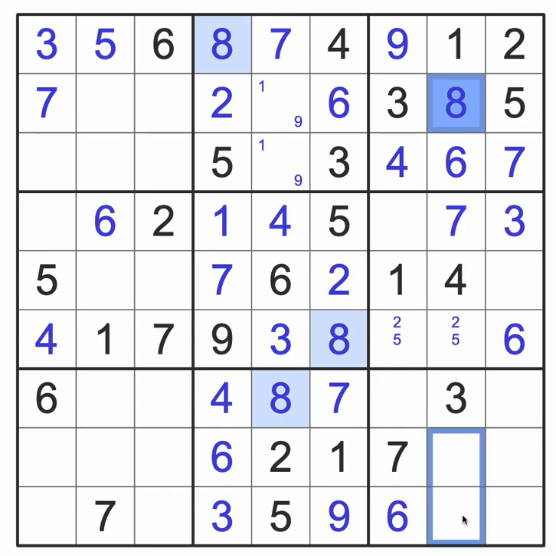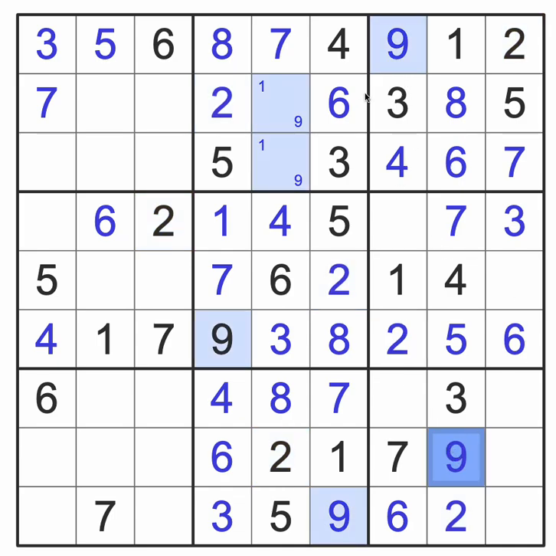And now this column is looking for 2, 5, and 9. This can only be 2 or 5, so I'm going to put those 3 numbers in other cells. And this cell is blocked by 5 and 9 on row 9, so this is 2, which makes this cell 5. That gives me 2, and that gives me 9.